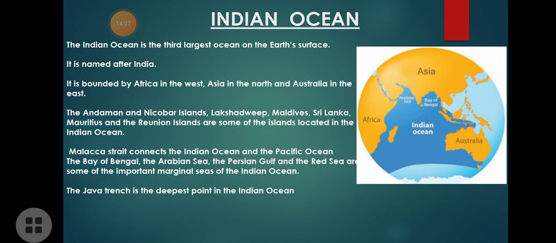Some of the seas in the Indian Ocean are Bay of Bengal, Arabian Sea, Persian Gulf, and the Red Sea. And the deepest portion of the Indian Ocean is the Java Trench.